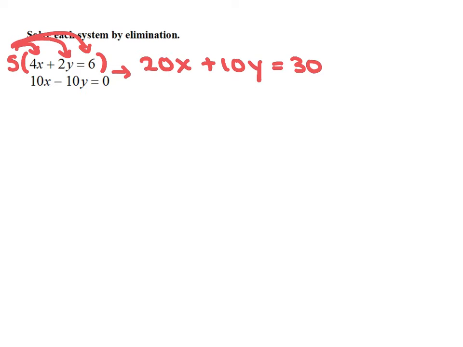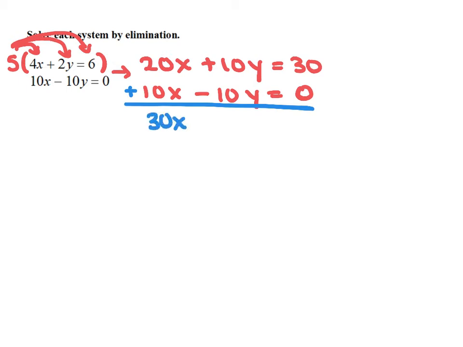My second equation will stay the same. So I'll have 10x minus 10y equals 0. Now if I add the two equations together, I'll get 30x, 10y minus 10y gives me plus 0y, equals 30.